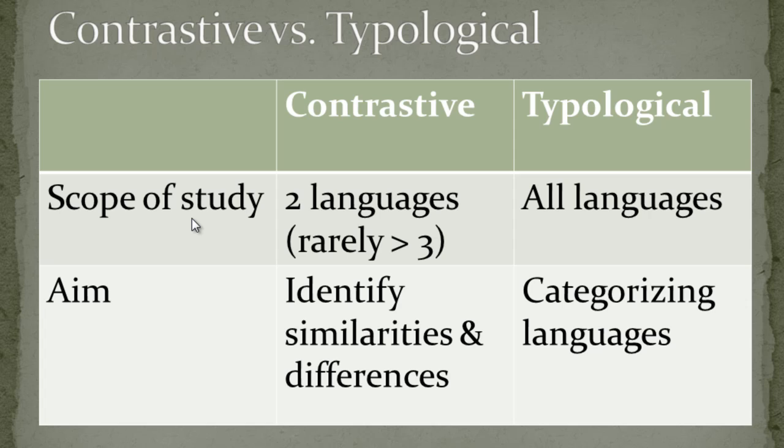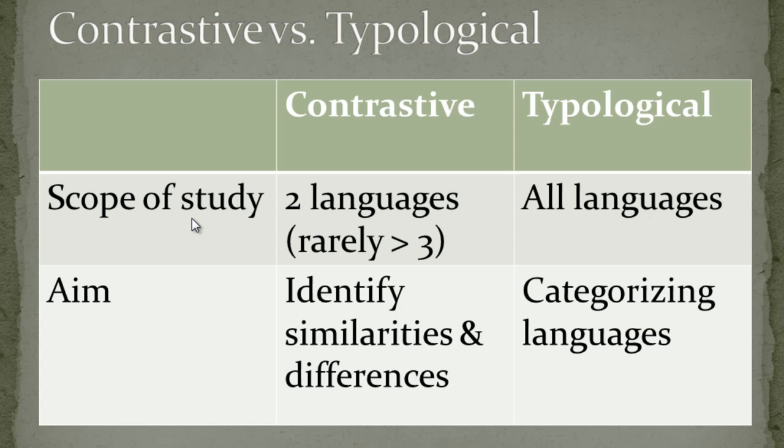While in typology, you need to look at all languages in the world in order to put them into this category, analytic, or this category, synthetic, or this category, polysynthetic. Or put it in this category called agglutinative.